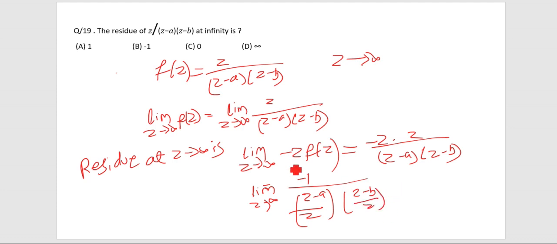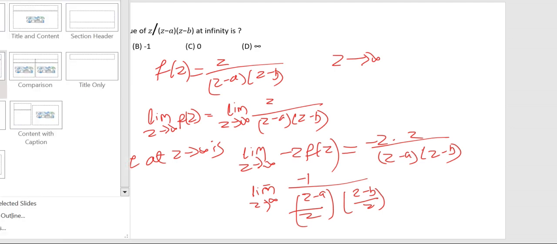So if I calculate, I'll get limit z tends to infinity of minus 1 divided by 1 minus a by z whole into 1 minus b by z.